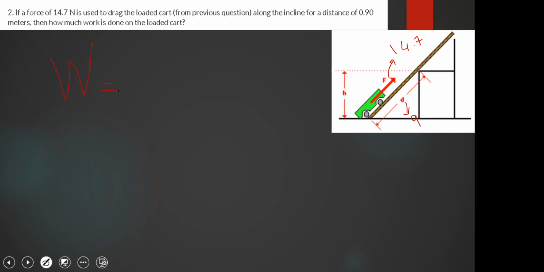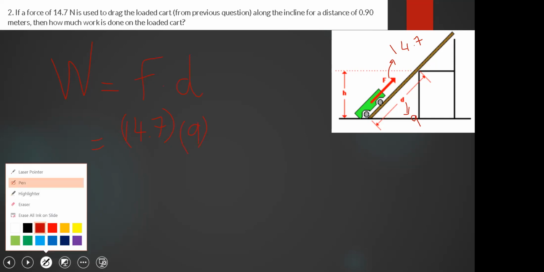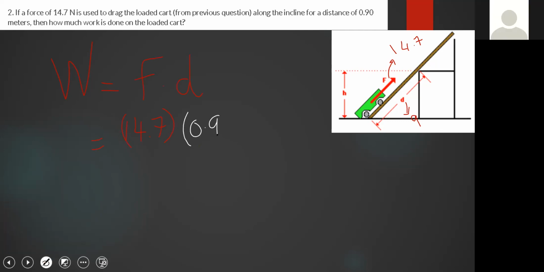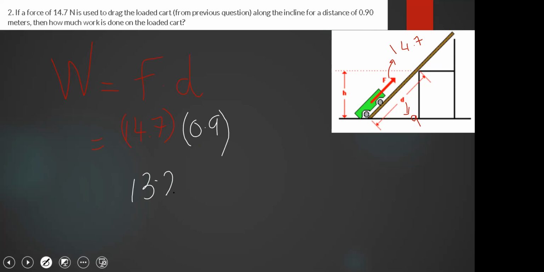The formula of work is force multiplied by distance. The force is 14.7 and the distance is 0.9. So 14.7 times 0.9 is 13.23.